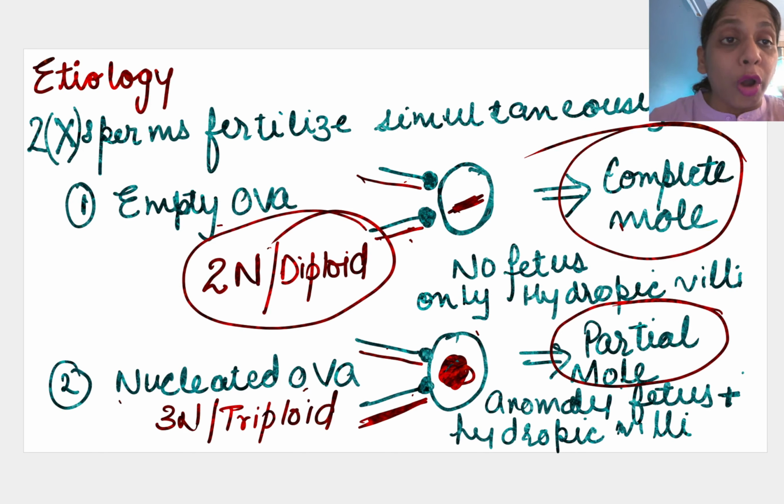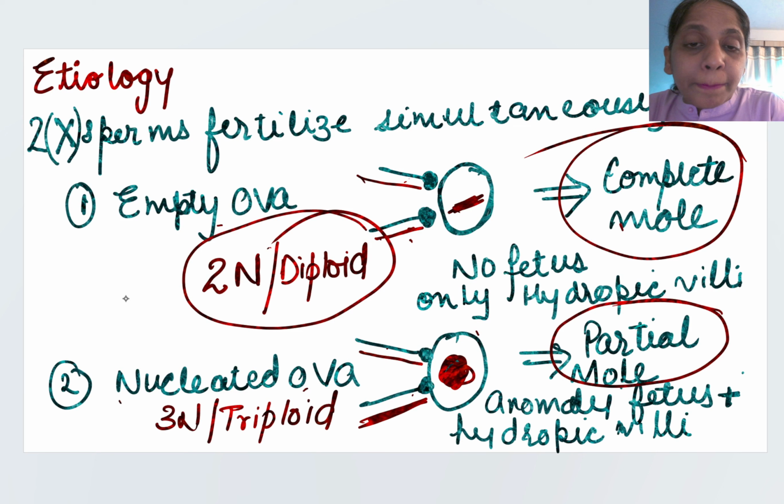Partial mole means a fetus is there along with hydropic villi, and a fetus is formed, which means the mother nucleus was there. Mother nucleus plus those two sperms makes triploid, 69. I hope you learned it. So this is diploid, 46, and this is triploid, 69.